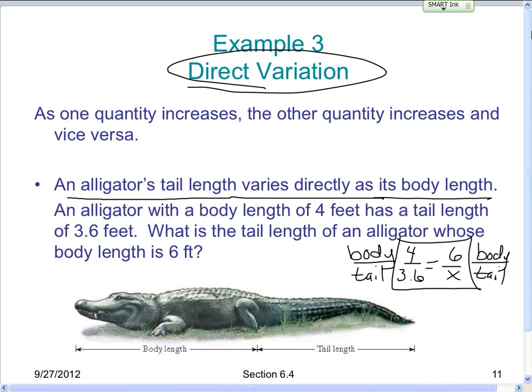Cross multiply: 4 times x is equal to 6 times 3.6, and I'll just put it in the calculator all at once. So I'm going to divide here. 6 times 3.6 divided by 4 gives me a tail length of 5.4 feet.